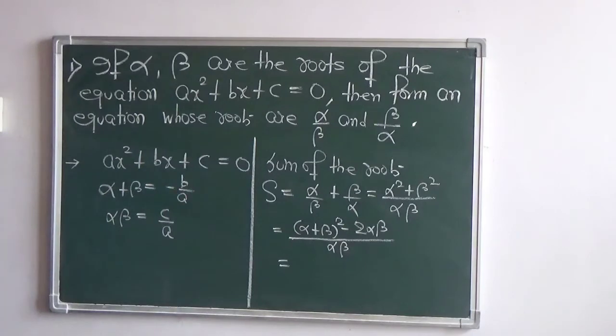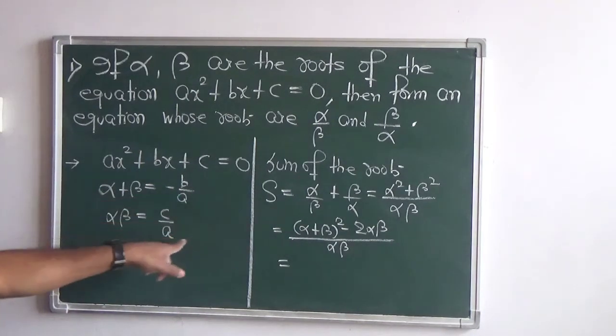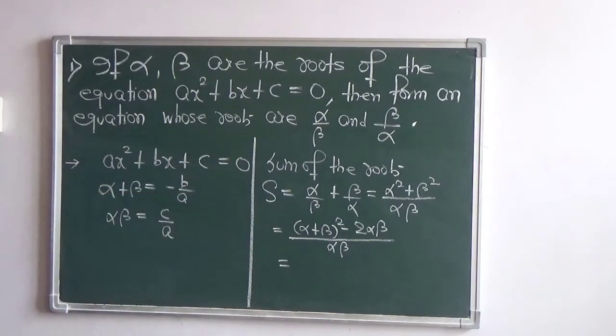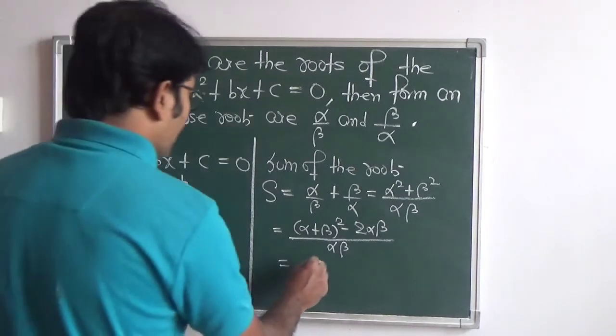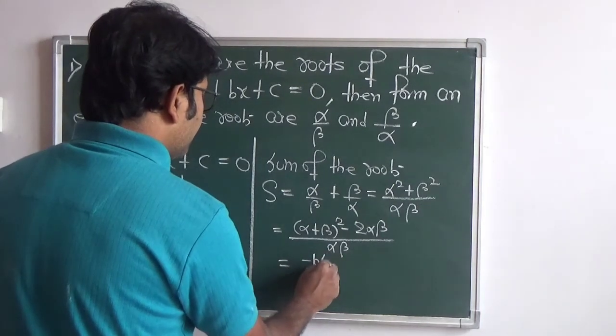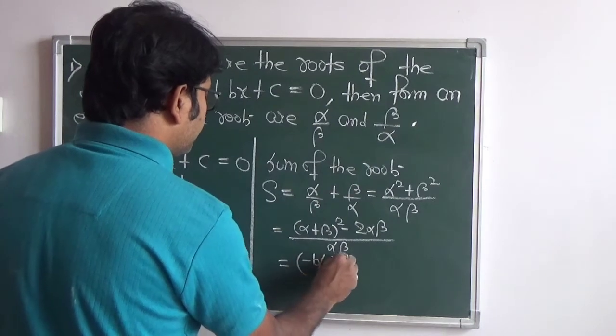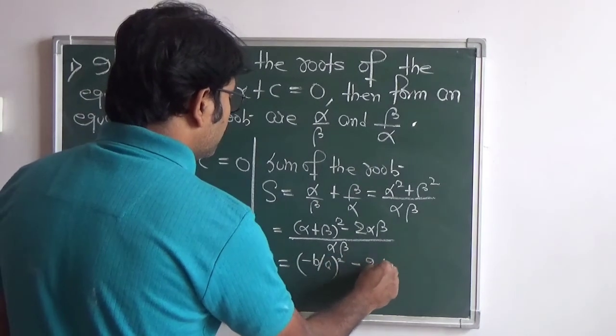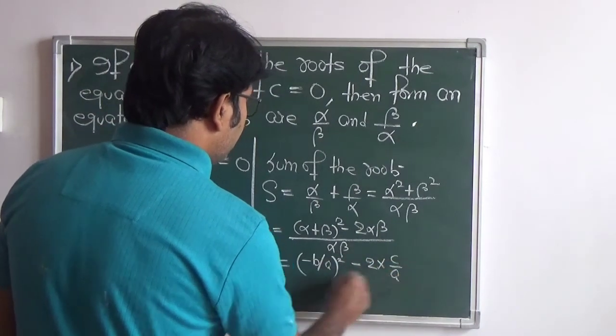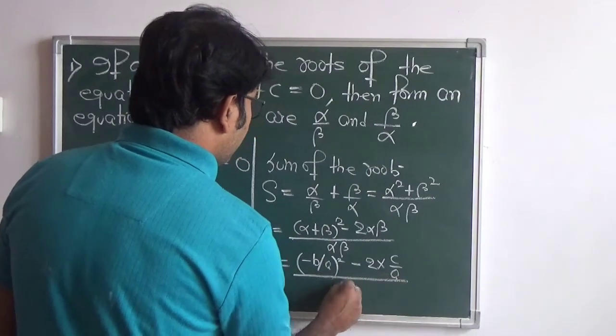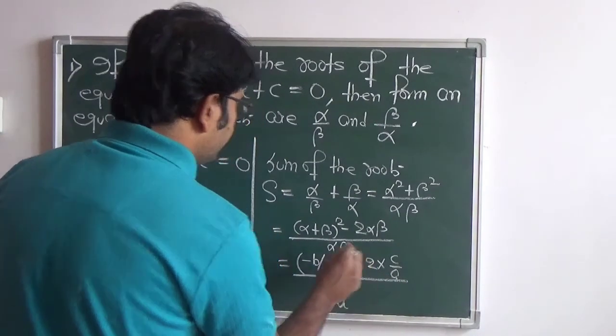Now what is alpha plus beta? We have minus b by a, and alpha beta is c by a. So we'll put the values here and we'll try to calculate and see what is the value of S, that is the sum of the roots. So it is minus b by a square minus 2 into c by a divided by c by a.